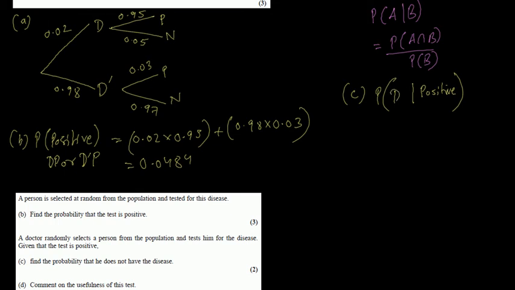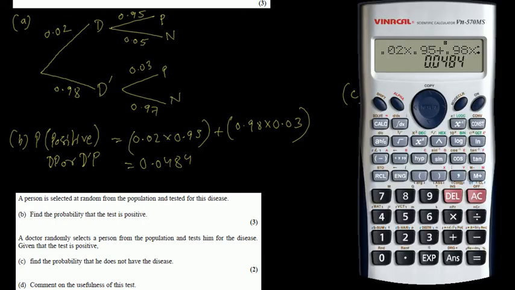Not having the disease means D prime. So we just found out in the previous sum that the probability of being positive is 0.0484, and we need here that he does not have the disease in reality. That means A intersection B, so that would be D prime and P. So 0.98 times 0.03. So let's do the calculation here.